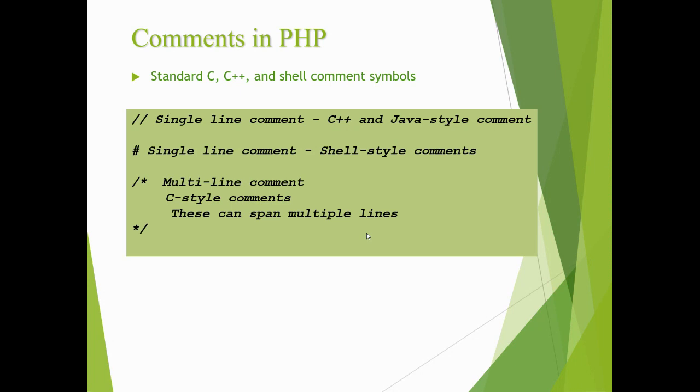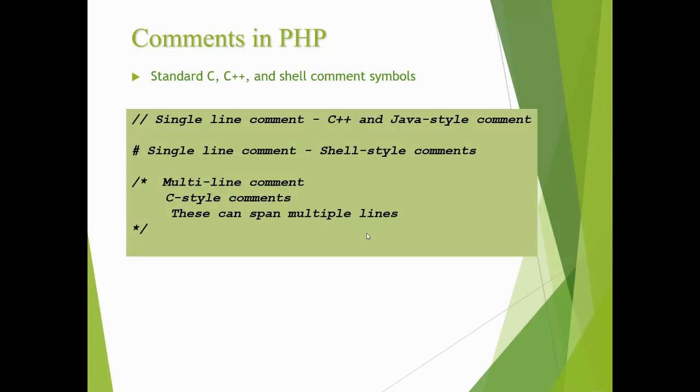Comments. The first thing you start with here is the comment in PHP, how you can comment out any code. A comment is something you write inside code, but it will not be visible to the user. In a similar way to C, C++ and other programming languages, PHP also supports the same.